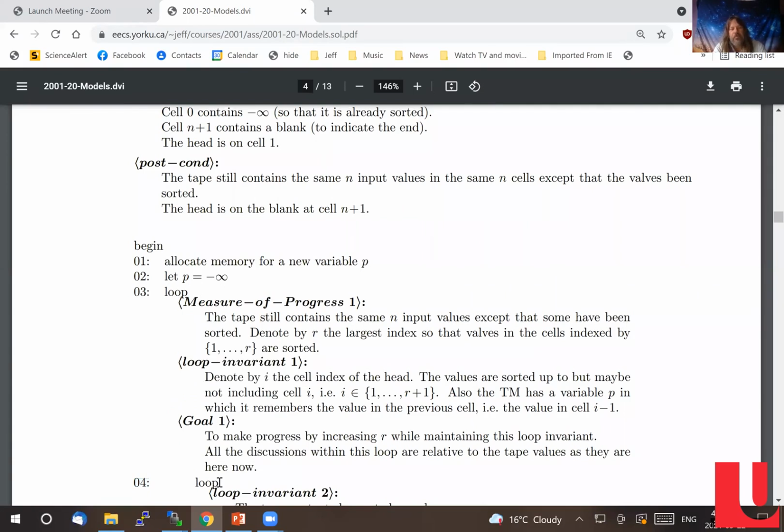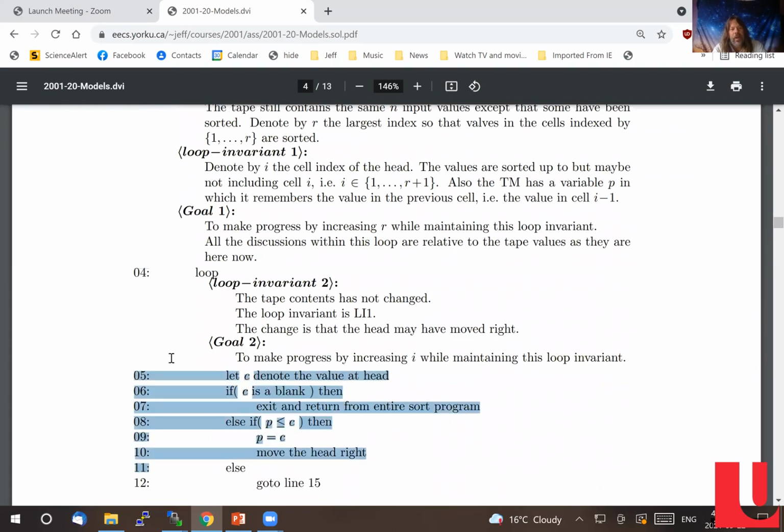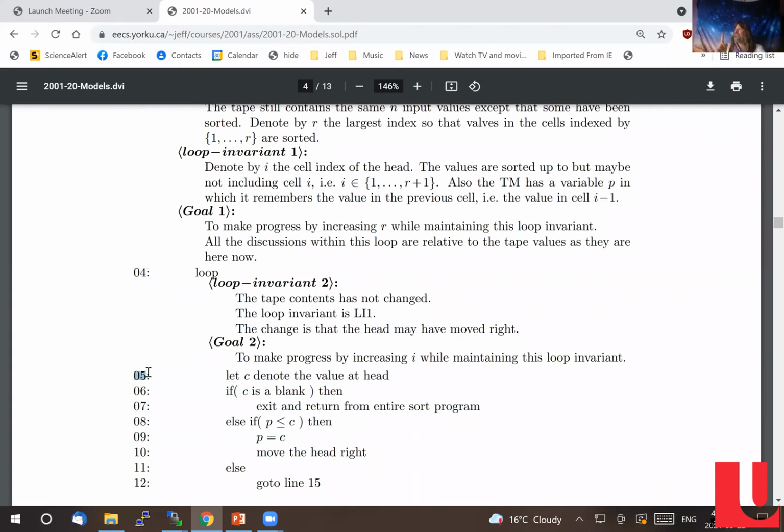It says, hey, I'm looping, and then it says I'm looping. It goes from one loop to another loop, up until line 5, which is the first place it looks at the input tape. So that's why I figured I could start right here.